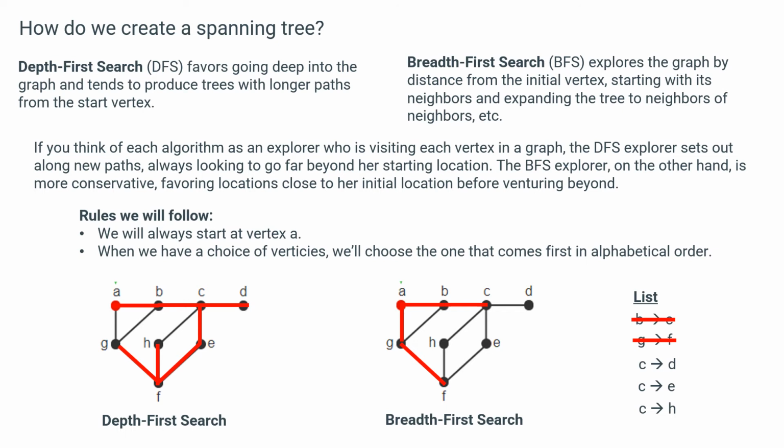Now, because I visited F just now, I need to take note of F's neighbors that I would need to worry about once it's time for that. But let's look at the neighbors of F. Again, G is a neighbor of F, but it's already been visited.